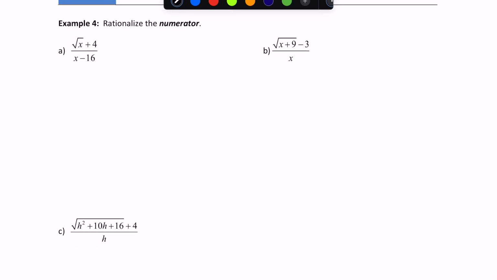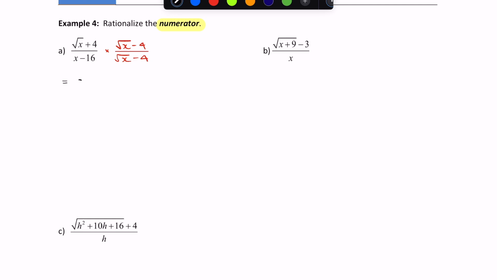So let's move on to rationalizing the numerator. So we're doing the same thing here, except instead of multiplying by whatever the radical is in the denominator, we're multiplying by whatever the radical is in the numerator. So here we're going to multiply by square root x minus 4 and square root x minus 4.